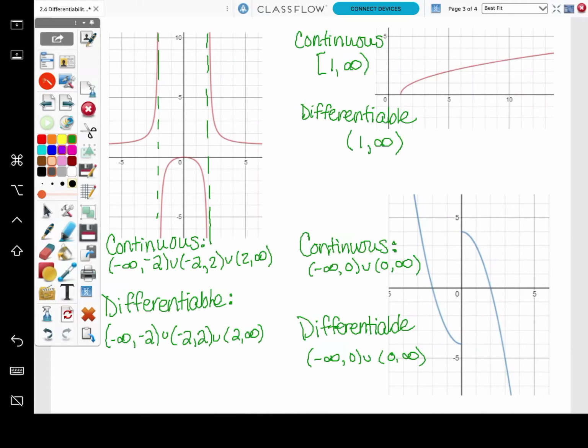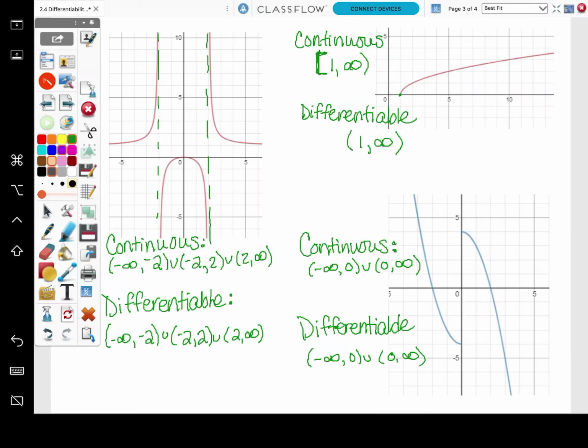Okay, upper right-hand corner, it's a radical function, sorry. So radical functions are continuous over their entire domain. So this one happens to start at the x value of 1 and continue to infinity. Notice I did put a hard bracket there because the function value actually can equal 1, or we can plug in x to the function, not a problem.